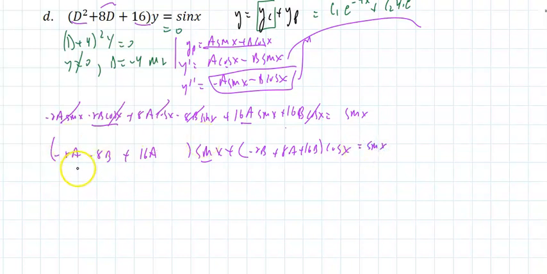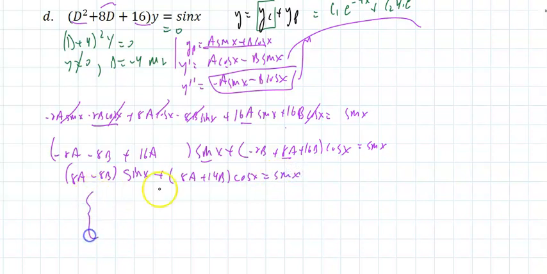What is this saying? This says 8a minus 8b times x, times the sine of x plus 8a plus 14b cosine of x equals sine of x.